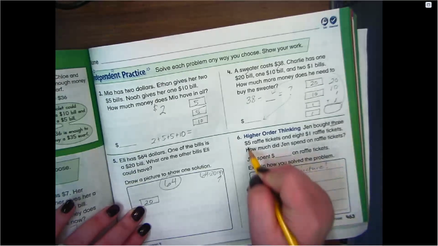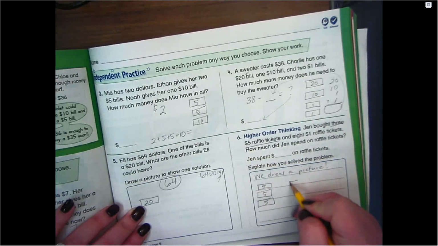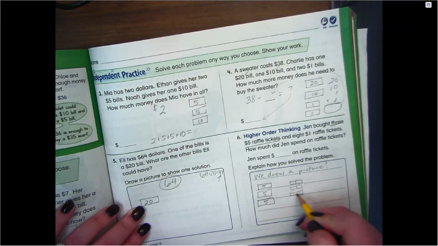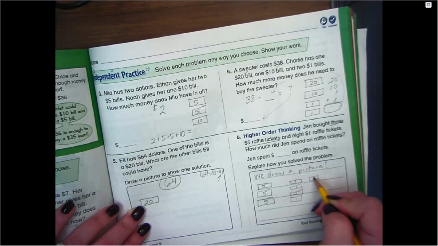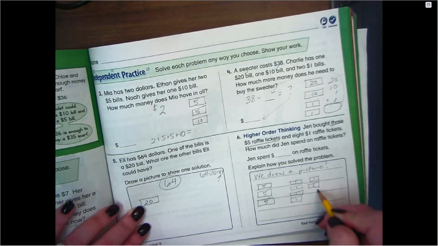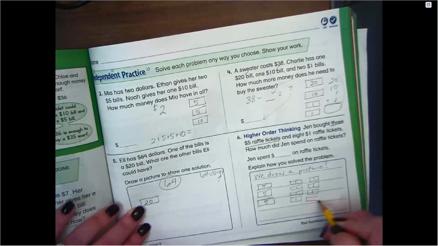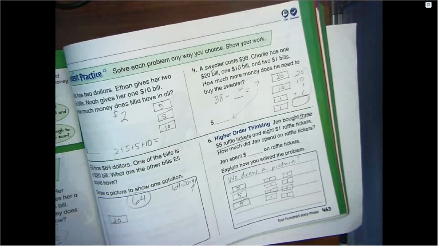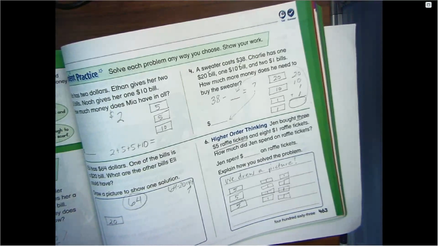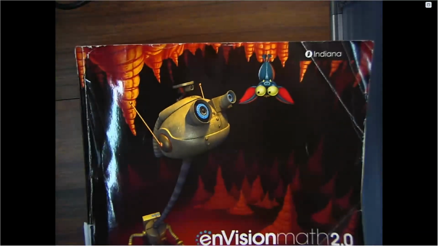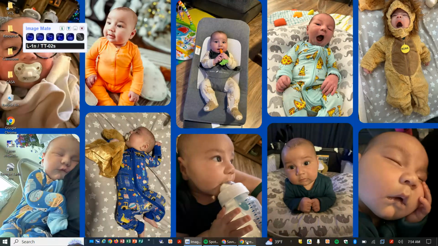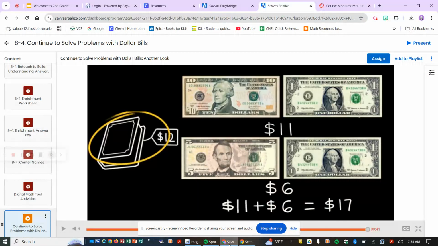That's 3 $5 tickets, and then you need to draw 8 $1 tickets and then add. Okay, add them up. I would like you to pause your video, finish your workbook pages, and then listen to the part about the quick check, because that will really help you do your best on that quick check, okay? I will meet you over there for the quick check.